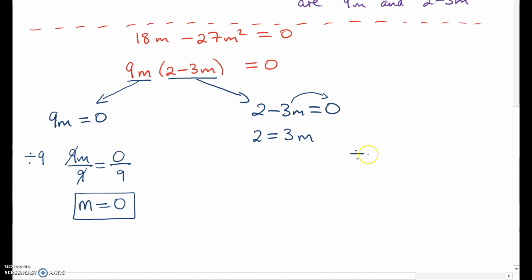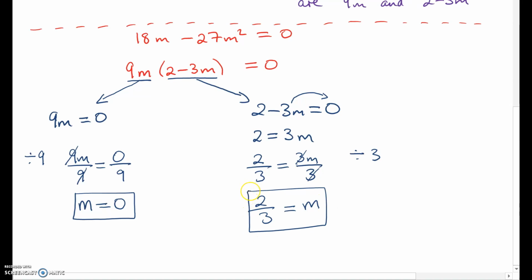Let's divide both sides by 3. So you get 2 divided by 3 is equal to 3m divided by 3. You divide by whatever is attached to your letter. And that gives you 2/3 is equal to m. And those are our two answers.